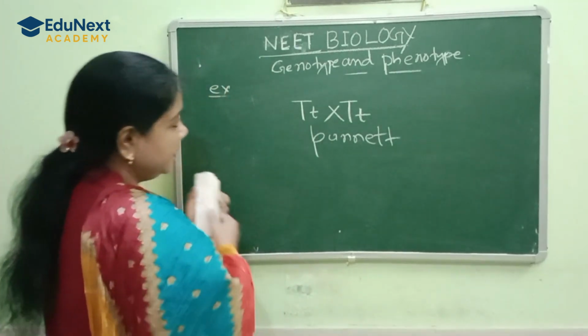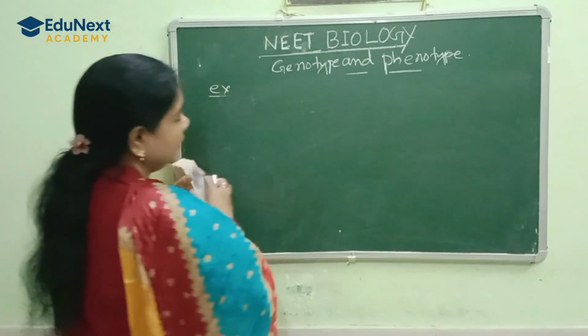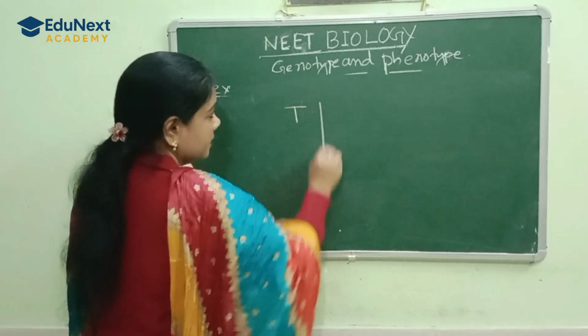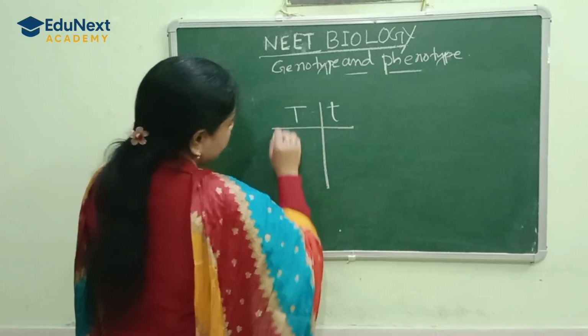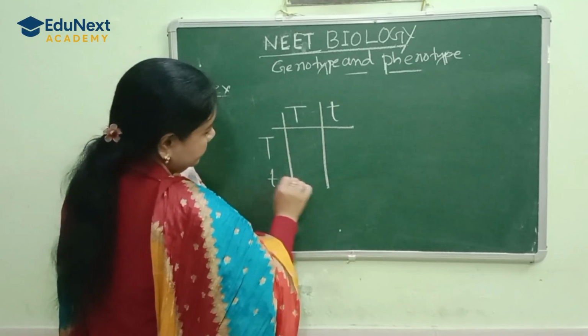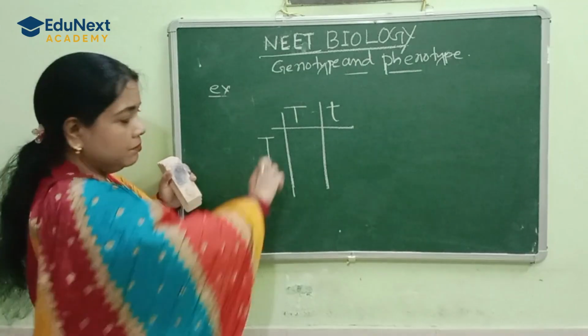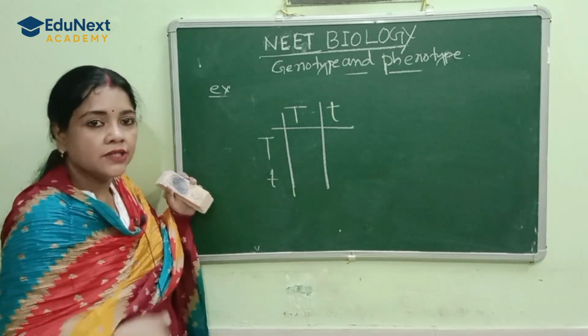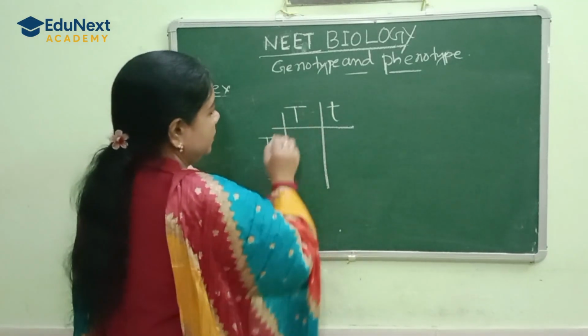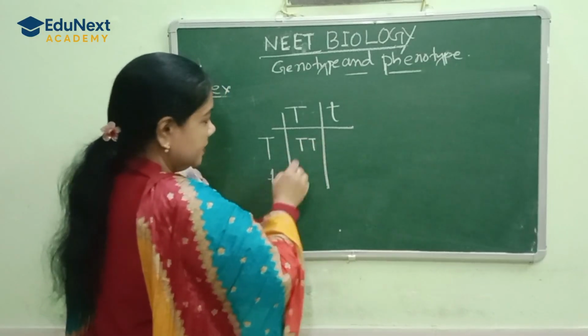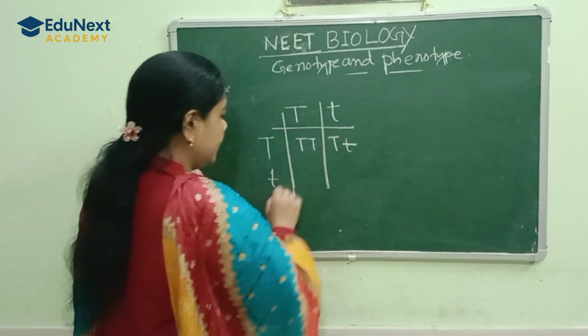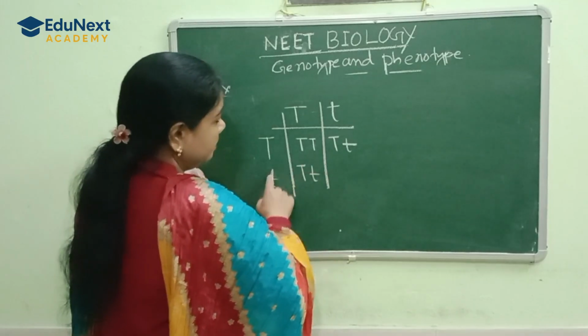Now see, if we cross two heterozygous plants, the products will be TT, Tt, tT and tt.